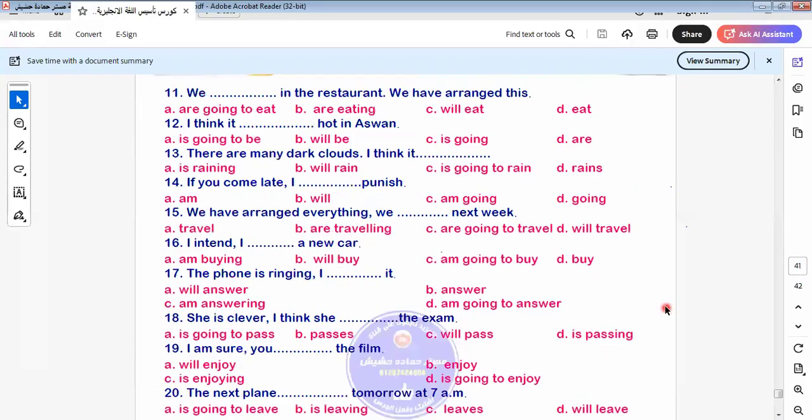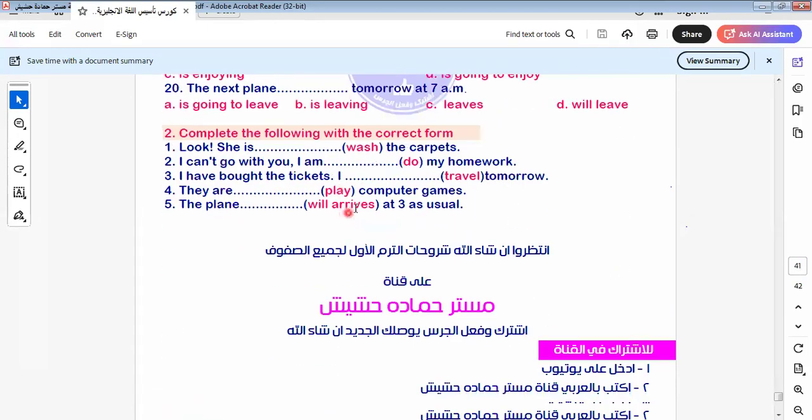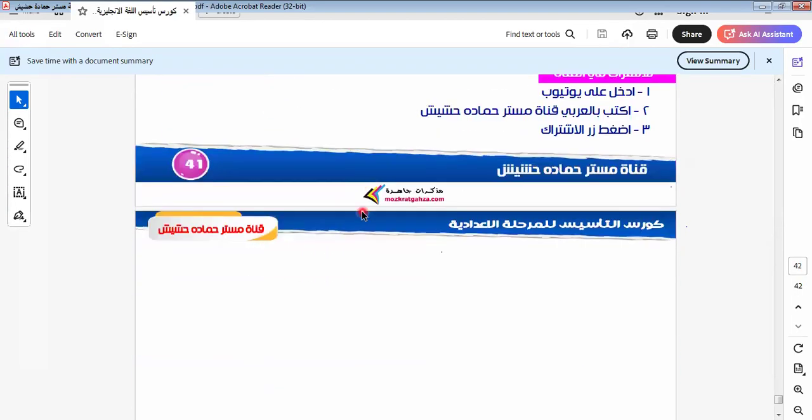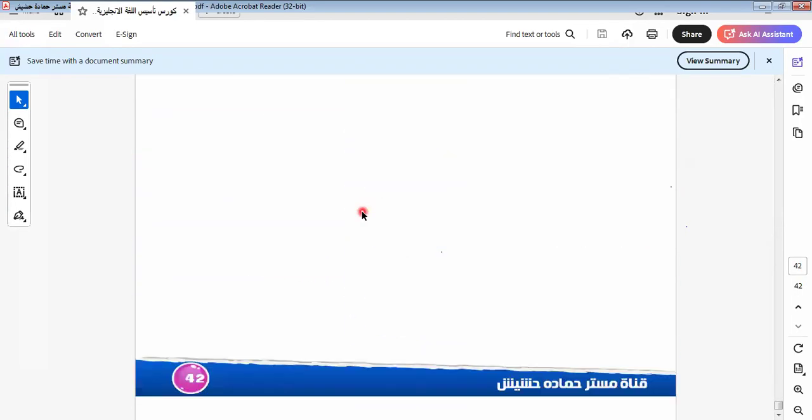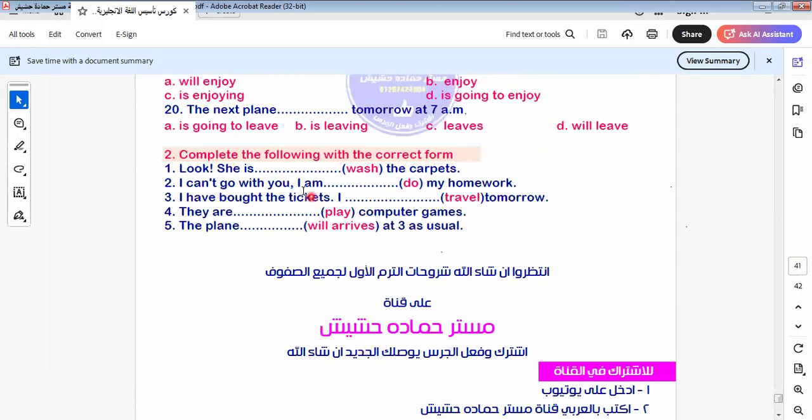Let's go to another one. Here we have the correct verb. Here we say "look, she's washing." We use "look" here, and as we know, in the present continuous tense we use it when we say "listen" or "look," so I ask you to pay attention at the moment of speaking.